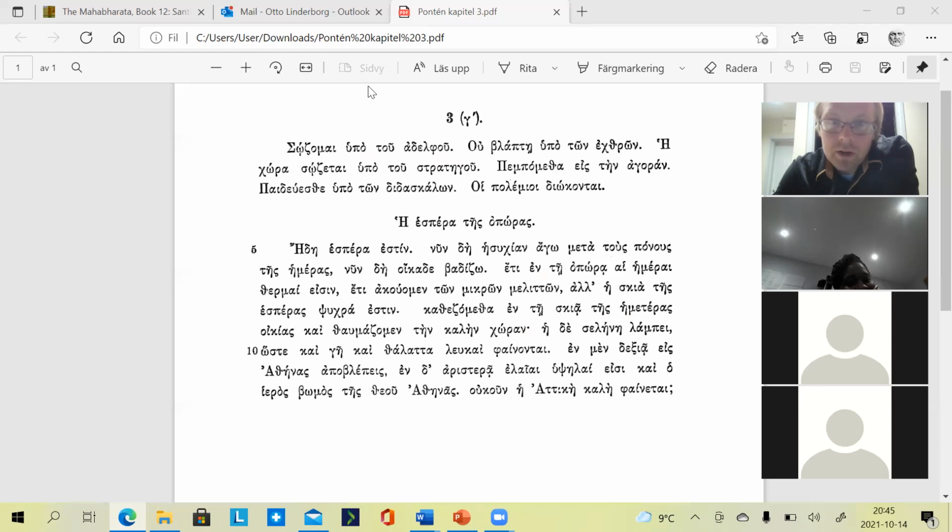Nigel has, it is already evening, yes. So hespera is here in the nominative singular, hespera, evening. But that's because it stands together with this eimi, this to be verb. It is evening. It is already evening. Very good. Okay.